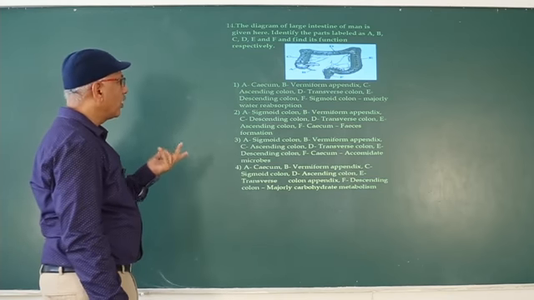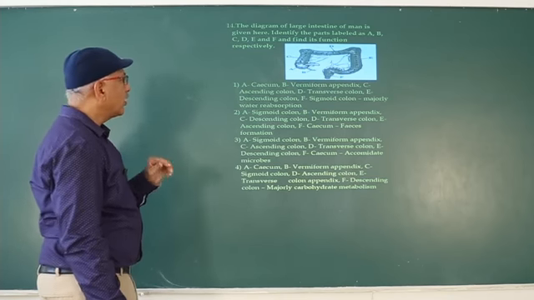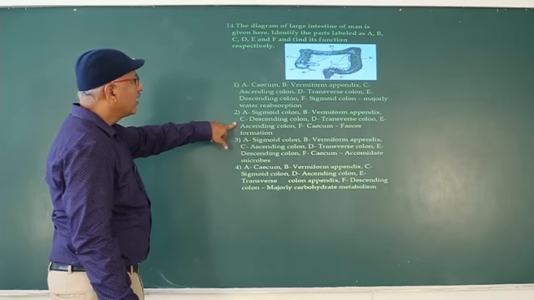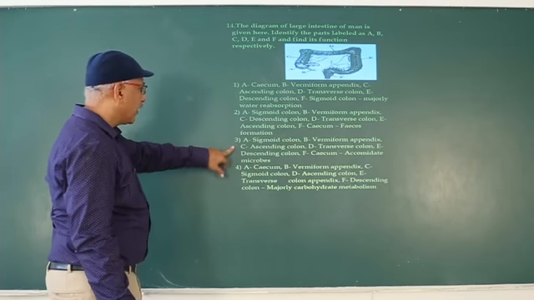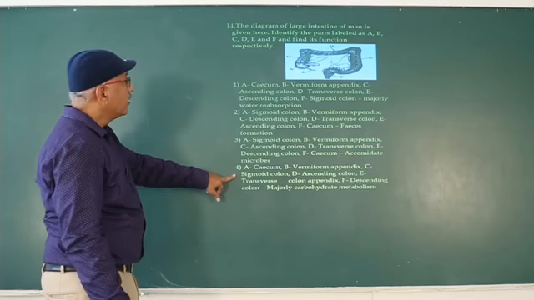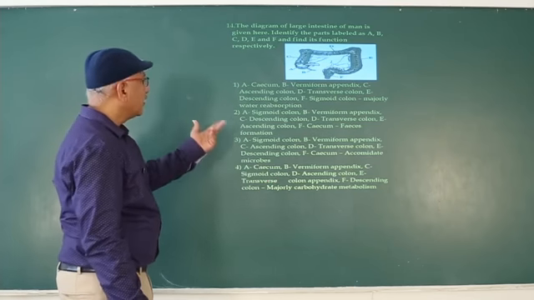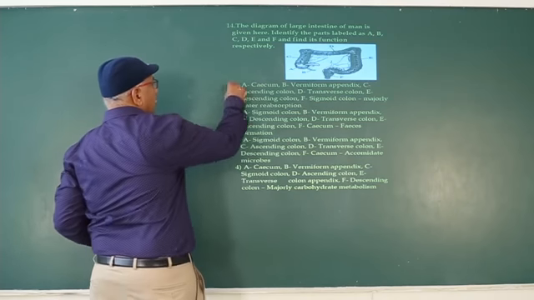Sigmoid colon: majority water reabsorption, so correct. Next one: A sigmoid colon is wrong. A cecum, B vermiform appendix, C sigmoid colon. So the answer is the first one.